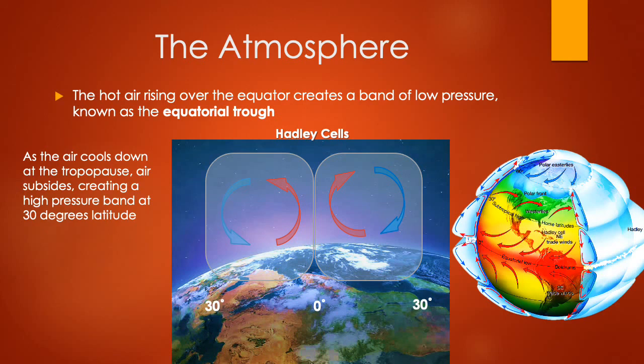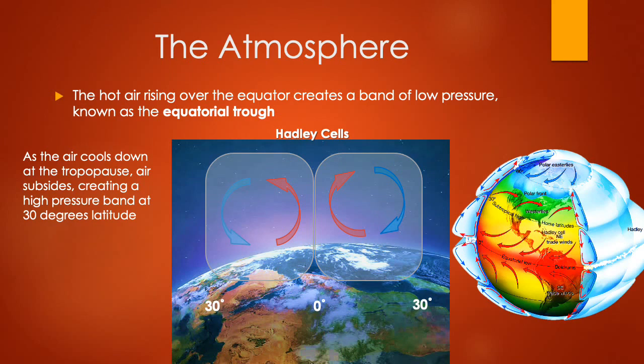As that air rises up around the equator, it's going to cool, and eventually it's going to cool to a point where it's around the temperature of the atmosphere around it. Then what will happen is once it's cooled, it will start to descend back down again. And as it descends, it's going to create an area of high pressure.